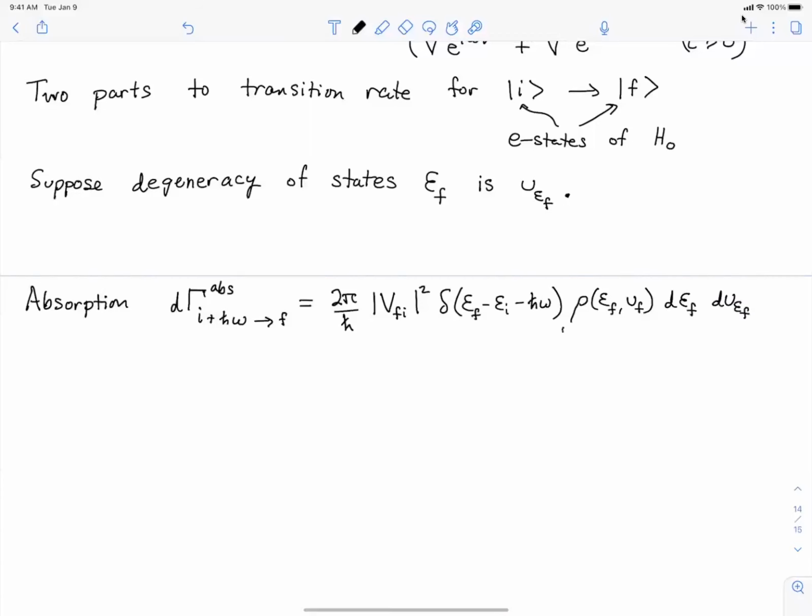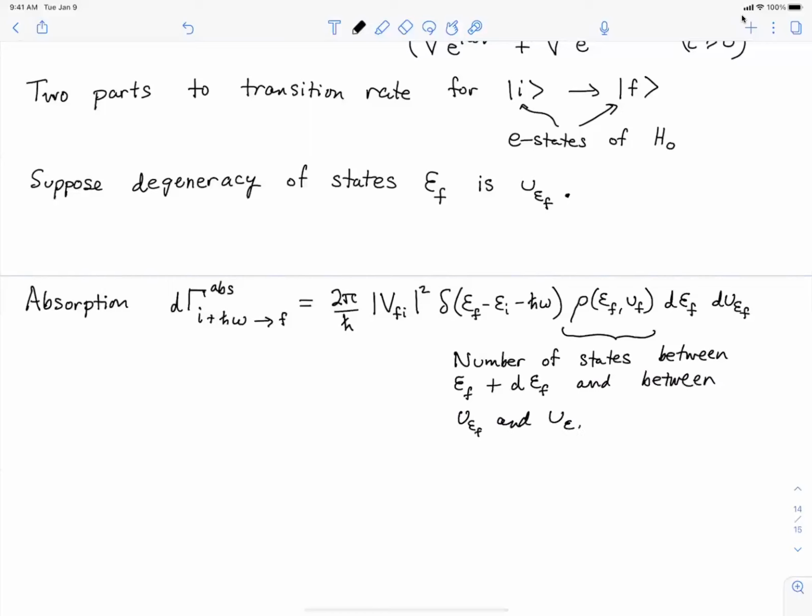So this rho is defined to be the density of states, which means it's the number of states between energies curly E sub f and curly E sub f plus a differential, and between the degeneracy u of E sub f and u of E sub f plus a differential in it.